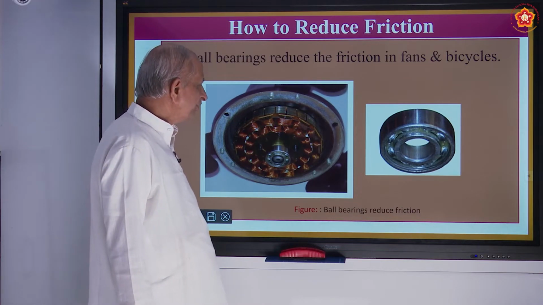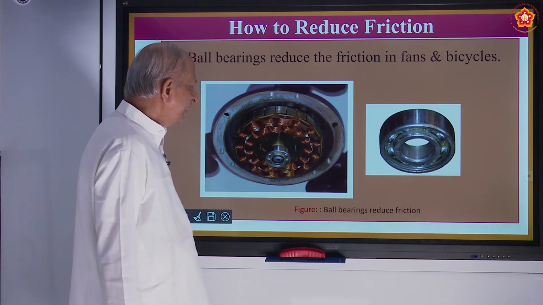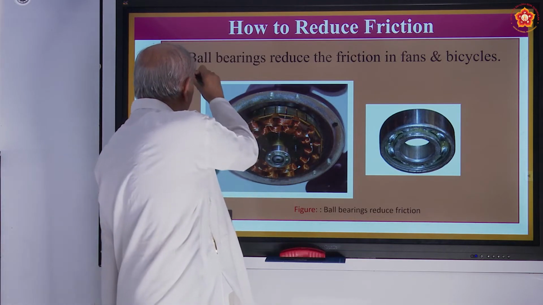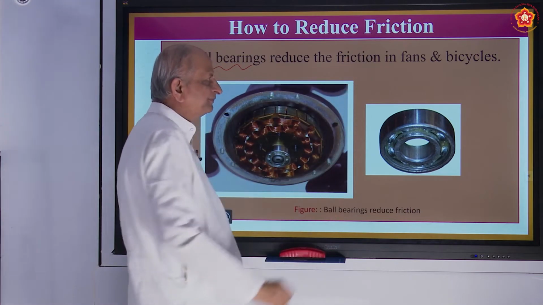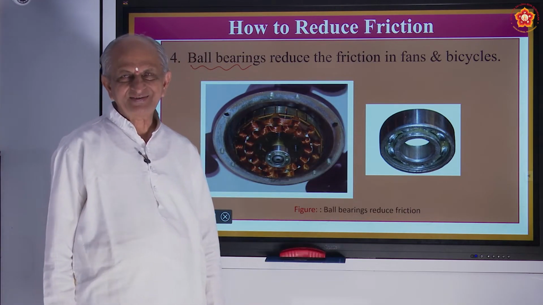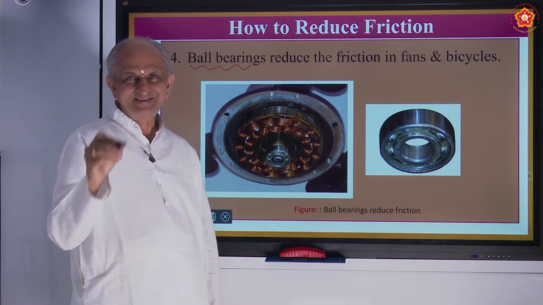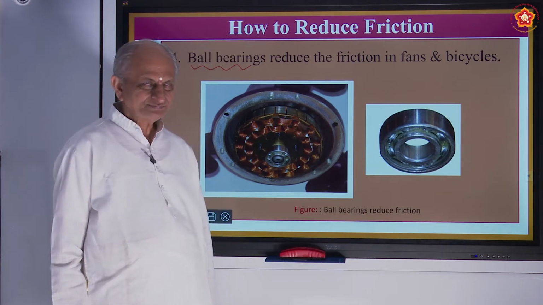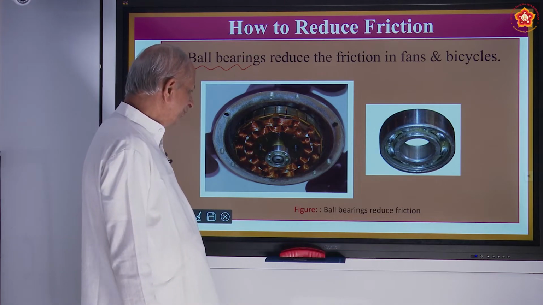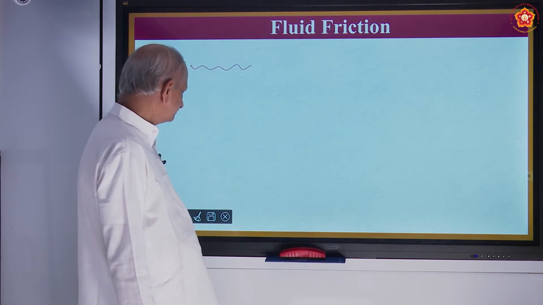So to reduce the friction, we have used what is called ball bearings. For example, in fans, in bicycles, you have seen ball bearings in the middle, correct? So they are used to reduce the friction.